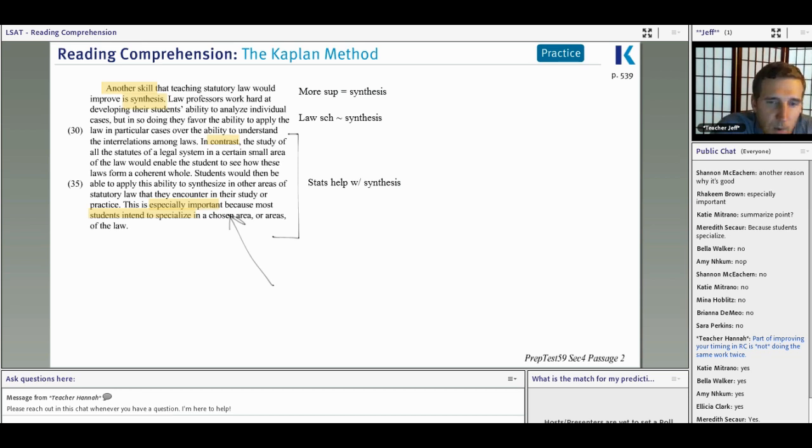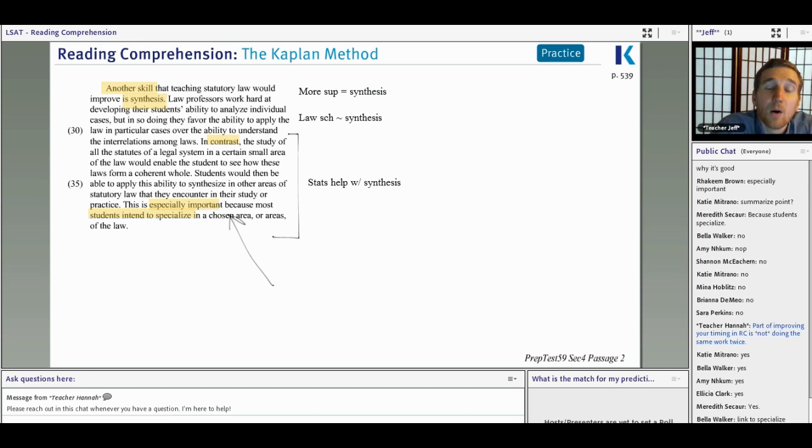What is the only way that could be useful to us? Right, if we link it to something that is new. And here, the author isn't just saying especially important because statutory law is awesome, and that's it. The author is saying that apparently statutory law and synthesis can actually help with specialization. So that would be the only reason to make that mark.